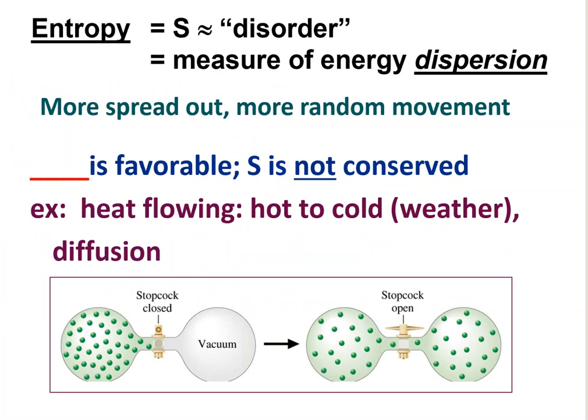The other factor is entropy. Entropy, we use an S for entropy. A lot of times we will talk about it in terms of disorder, and that's kind of an analogy that's given, like a really messy desk versus a really neat desk, and things tend to go to being really messy. It's not really that.